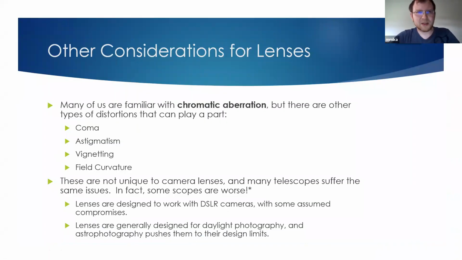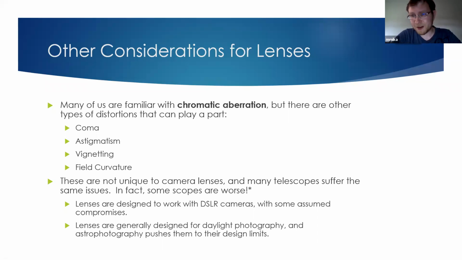So some other things that we want to look at with lenses and where you might have to treat your astrophotography differently than if you're using a telescope. Those of you who have used refracting telescopes probably know about chromatic aberration. Lenses have several other distortions that you have to worry about, and so do telescopes, and that includes any of these.